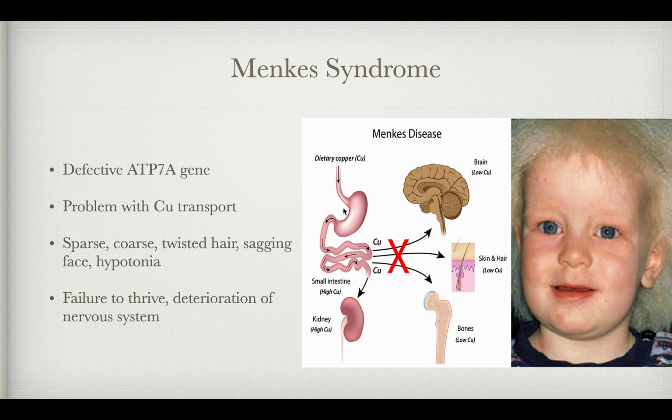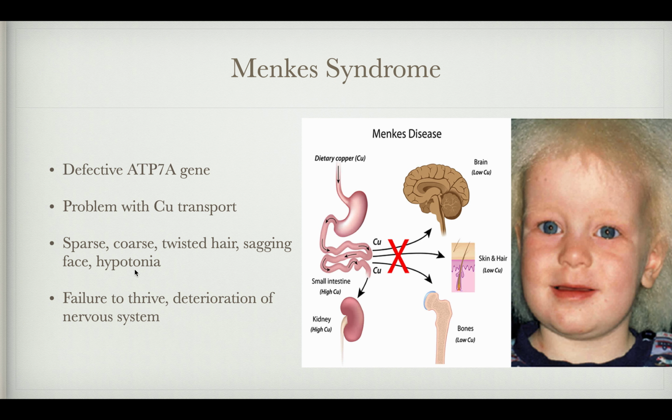But instead of being processed by the liver and delivered to the brain, the skin, and the bones, it's just excreted out. So it is defined by sparse, coarse, twisted hair, kind of like steel wool, the sagging of the face, and hypotonia. Remember that copper plays a role in collagen synthesis, and that is why the face will sag and the muscles will be atrophied.